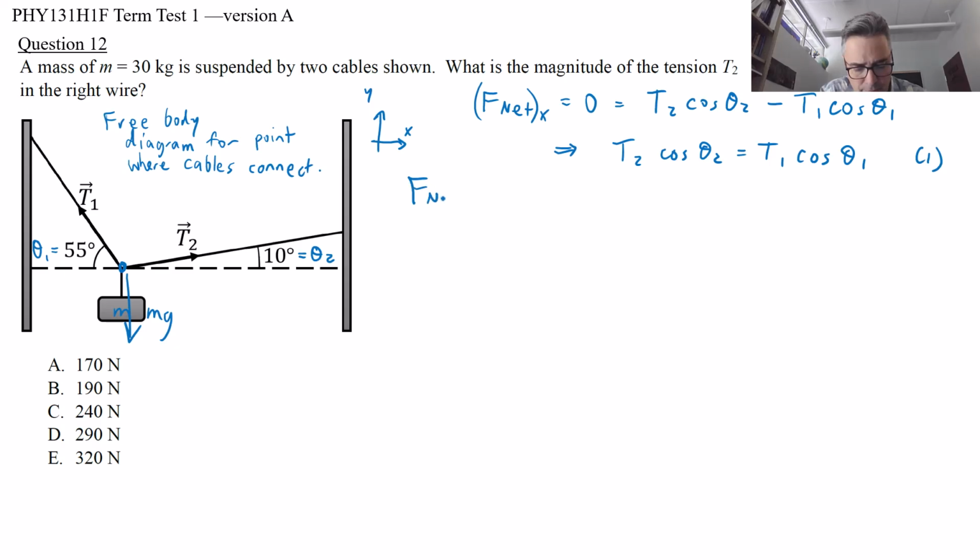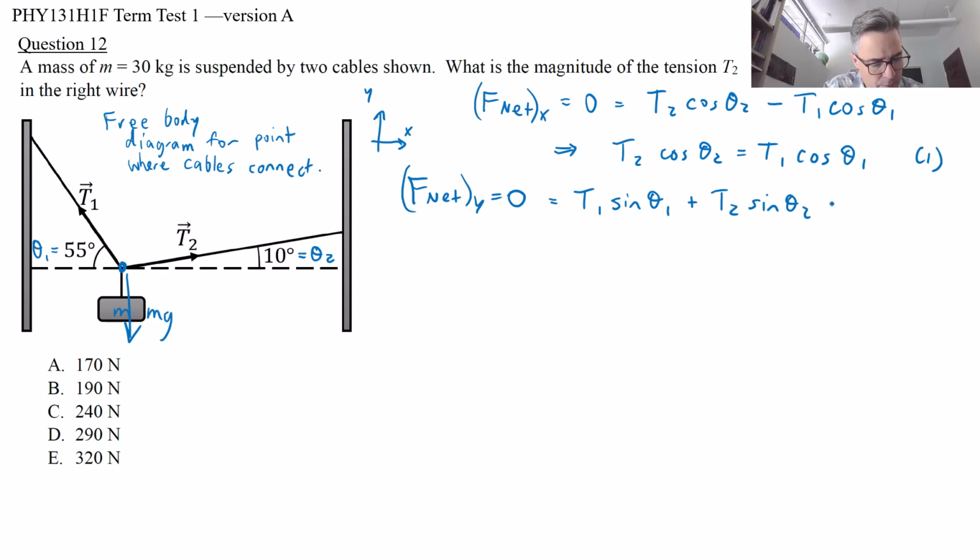Also, the net force in the y direction is equal to 0, and that's going to be T1 sine theta 1 plus T2 sine theta 2. Those are the 2 upward components of the cables. And then the downward force on that point is just mg.